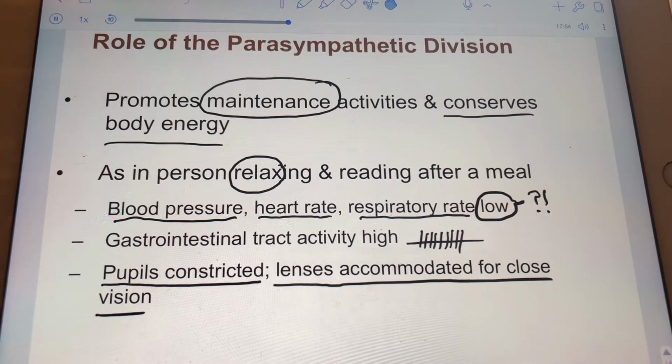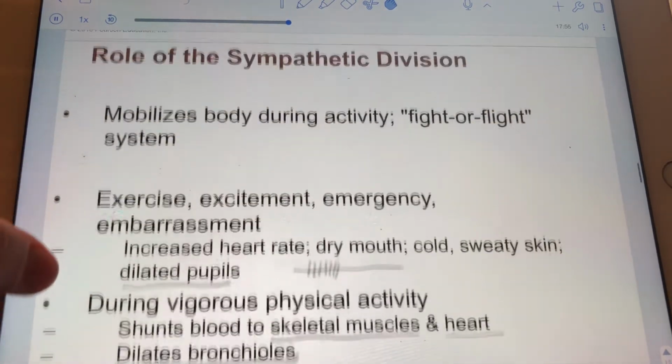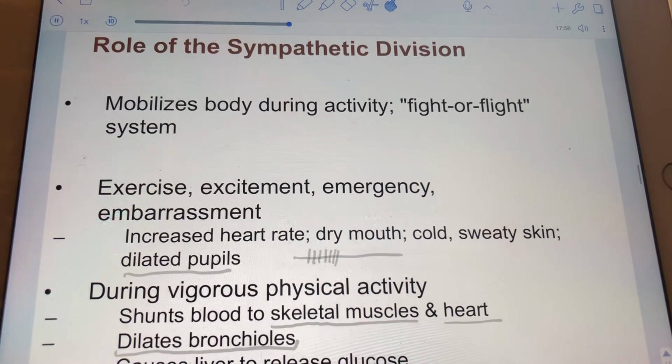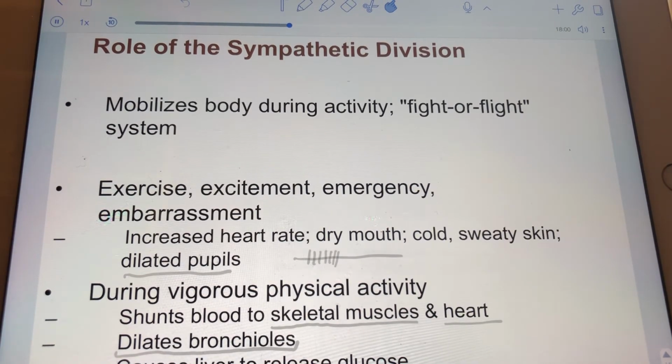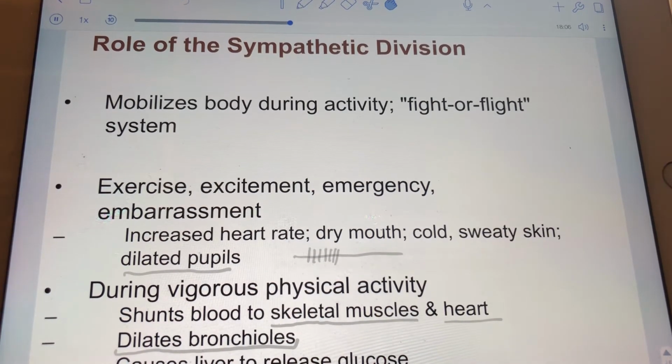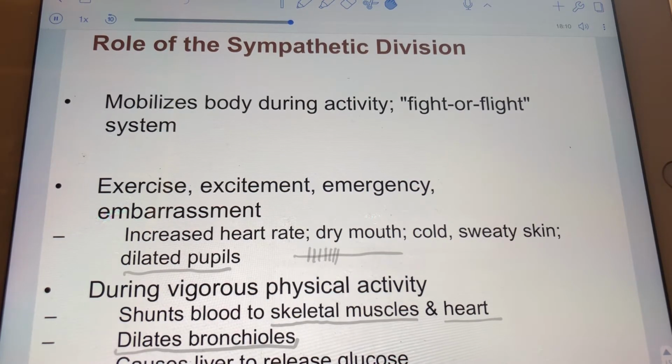Okay, slide 15. Sympathetic nervous system. You might think exercise, excitement, extreme emotion, emergency, embarrassment. They all start with E, so that might be helpful.